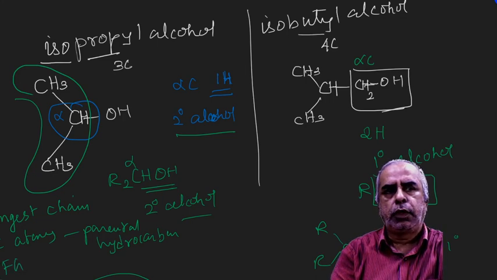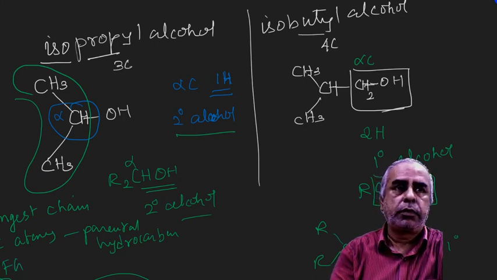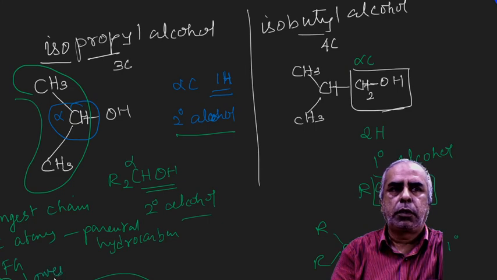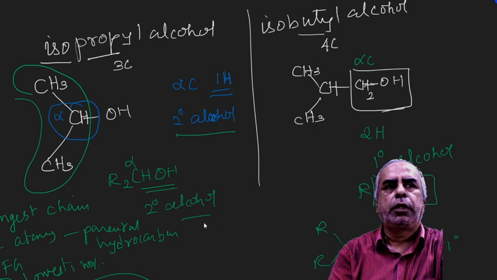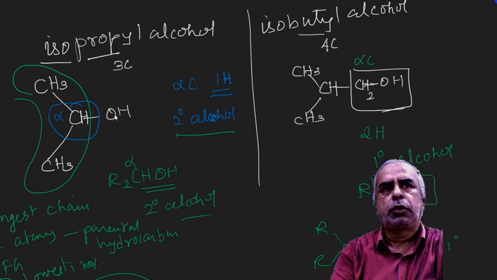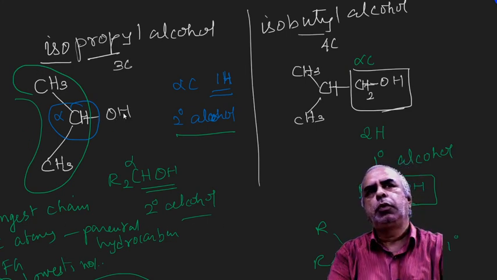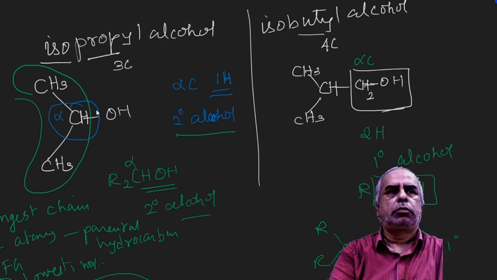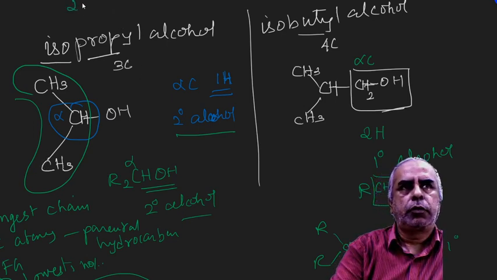And the fourth one is to give the lowest number possible. So 1, 2, 3, so this is 2. So 2-propanol, that is the IUPAC name.